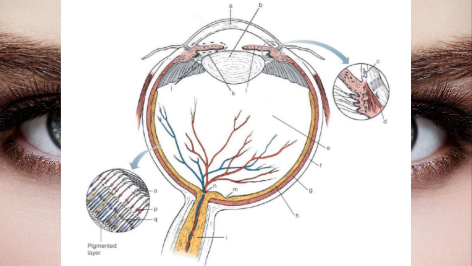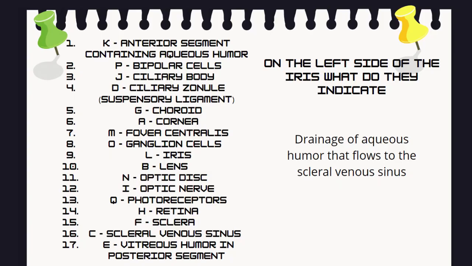Next is number 6. Identify the lettered structure on the diagram by matching each letter with one of the terms listed below. Number 1 is K, anterior segment, containing aqueous humor. Number 2, P, bipolar cells.